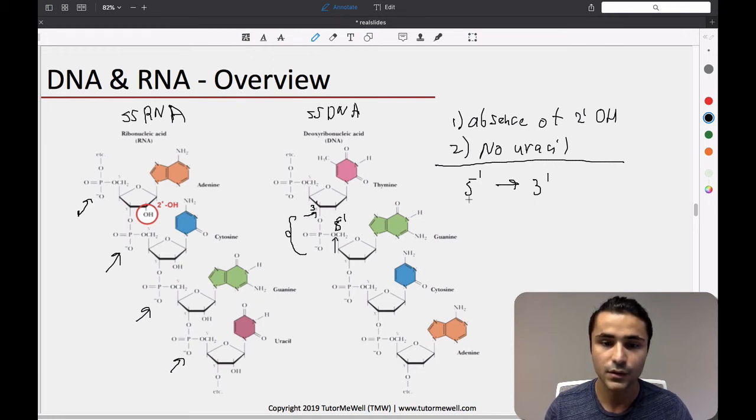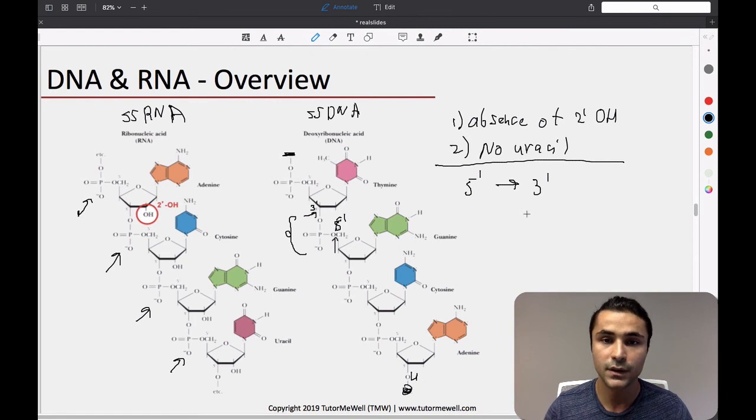Therefore, the 5' end of a nucleic acid is the end that has a phosphate group attached to the 5' carbon, and that is free, not attached to anything else. The 3' end is exactly the same thing, it just has an OH. Let's assume that's the actual end of the molecule, and there's nothing else.